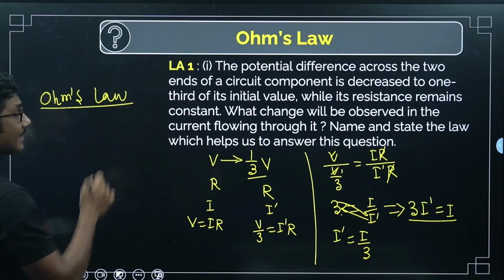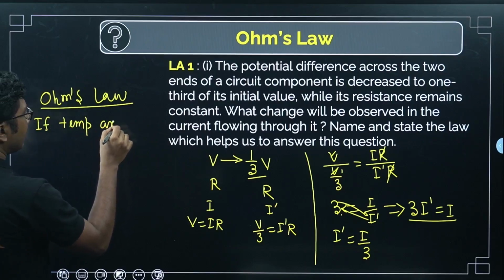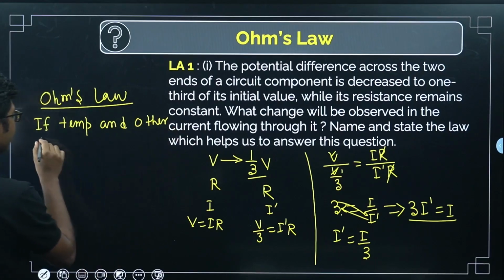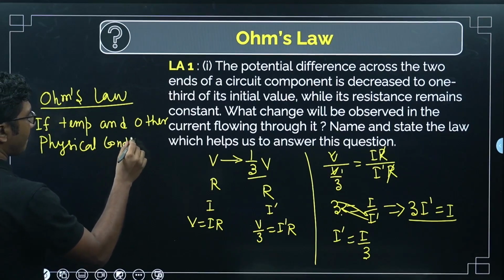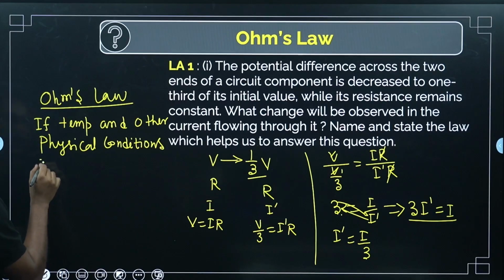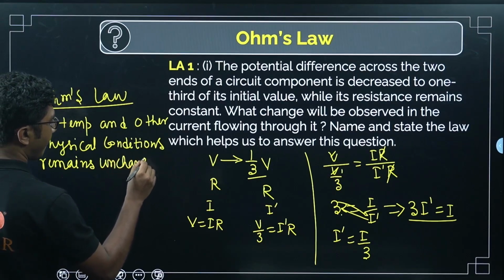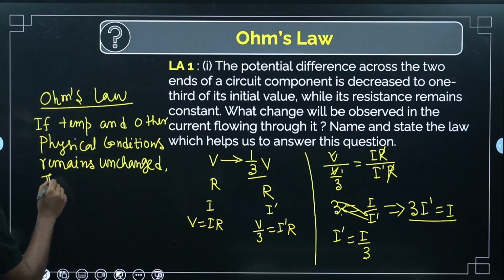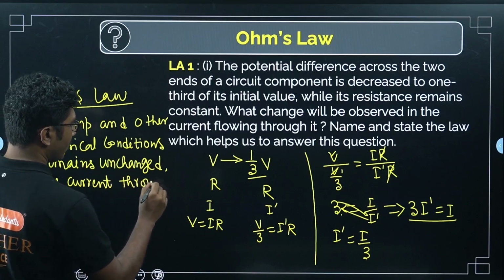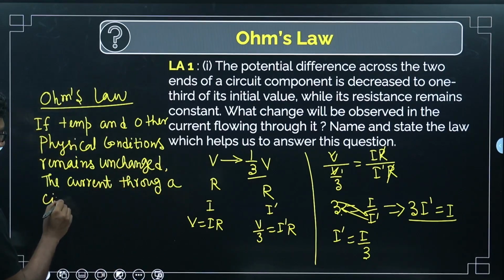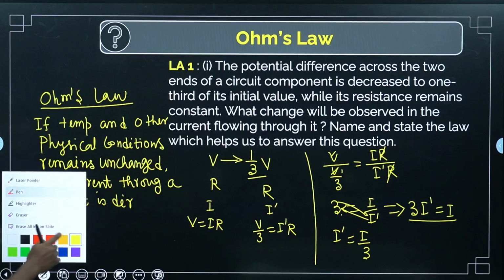The law we are using is Ohm's law, and the statement is: if temperature and other physical conditions remain unchanged, the current through a circuit is directly, not circuit, you can write it as a conductor.